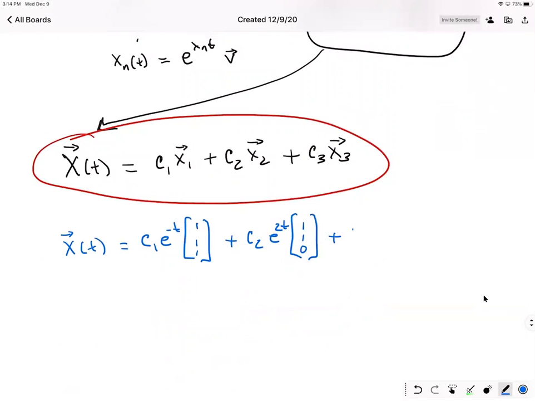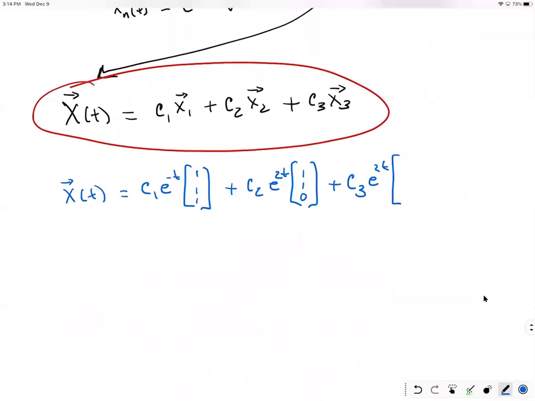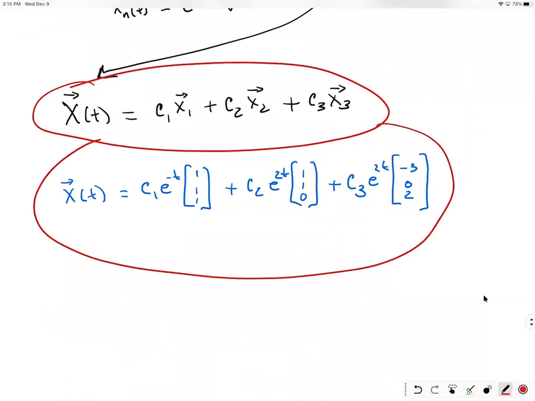And by the way, any of these methods is perfectly fine. Just trying to expose you to different ways that people write these. Minus 3, 0, 2. So this would also be fine. Any of these ways I think is perfectly fine.